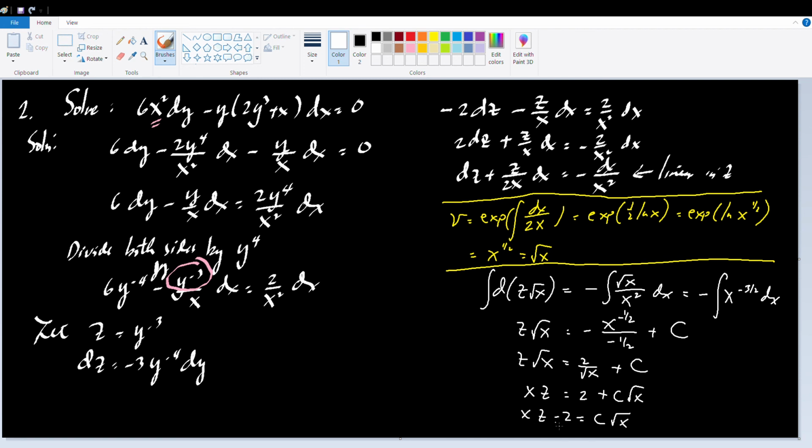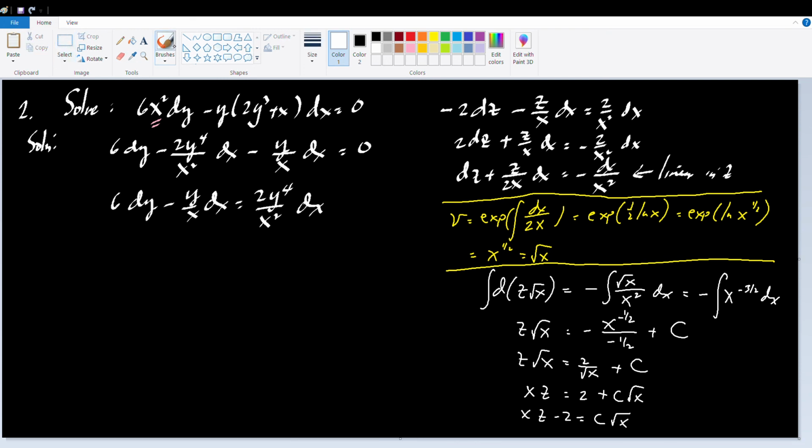I want to further simplify this, so let me have some space here. Okay, so to continue, xz minus 2 is equal to c square root of x.